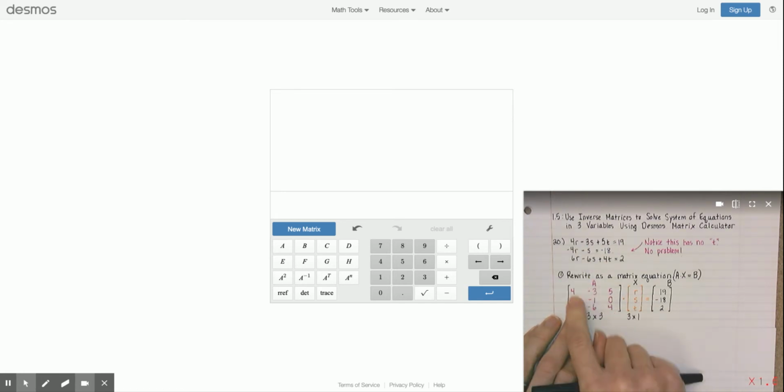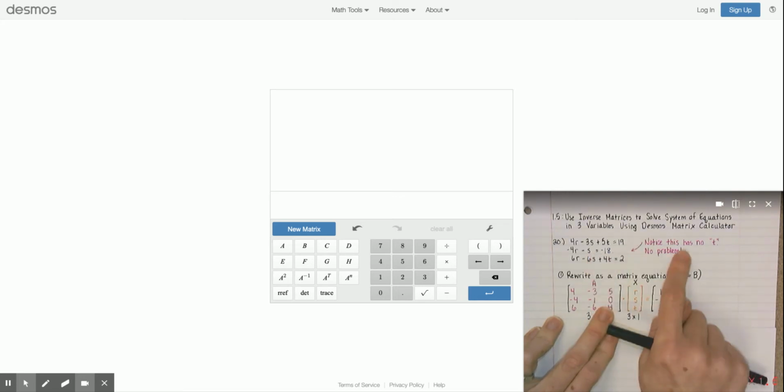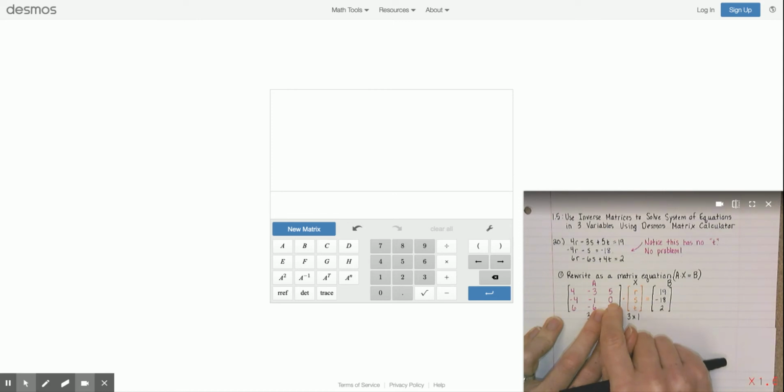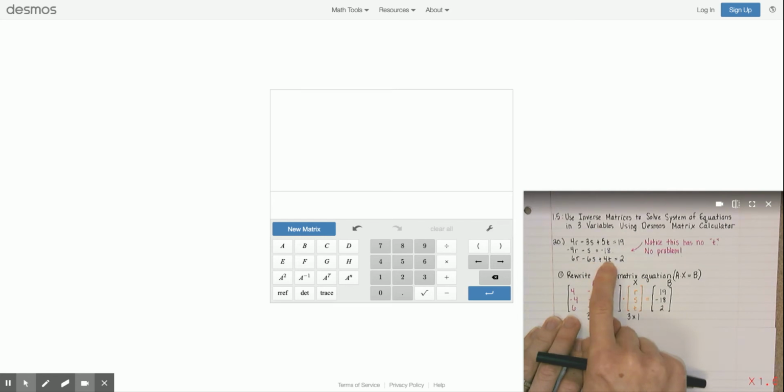So we'll use 4, -3, and 5, which corresponds to our first equation, then -4, -1, and uh-oh, what's going on here? Notice this has no t, but no problem. We're going to put in a 0 because you could have put plus 0t, and this would have been the same because what's true if you multiply any number by 0? It's just 0. So we'll put 0 as a placeholder, and then we'll have 6, -6, and 4 on the bottom equation.